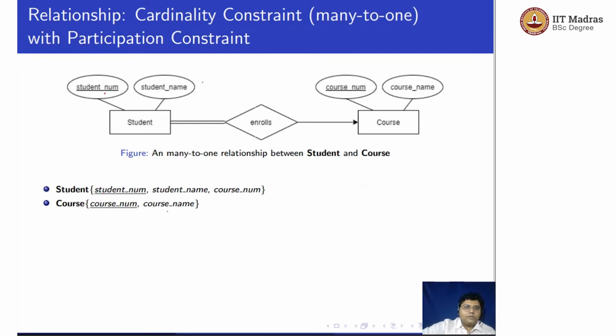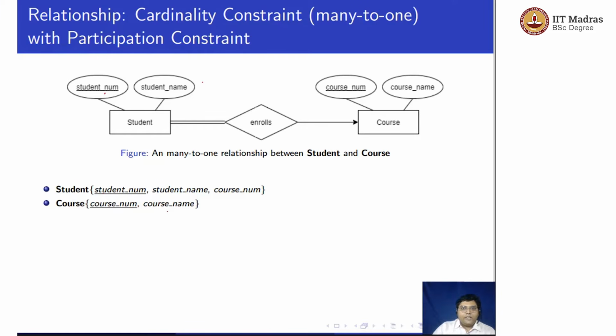We'll consider now the cardinality constraint with the participation constraint. This double line basically represents a full participation. So it says the student has full participation in enrolls. So a student must enroll for at least one course. That is our participation constraint, right?